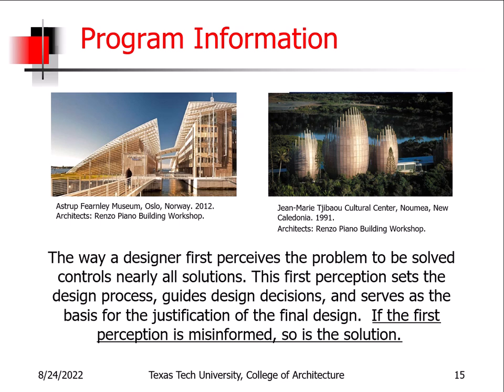It's a way that we mentally discard and start to refine our ideas of what the work of architecture is. The first perception sets the design process, guides design decisions, and serves as the basis for the justification of the final design. If the first perception is misinformed, so is the solution. And that's really important to remember.